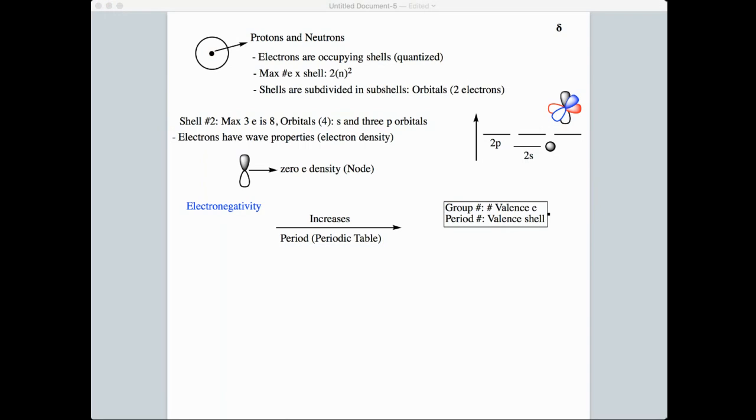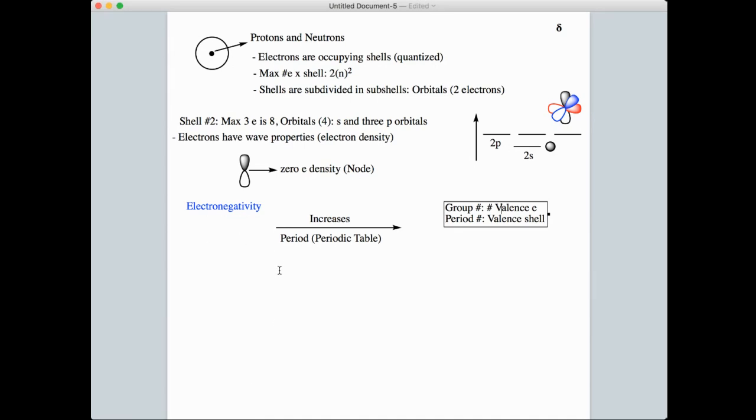So if we think about, for example, period number 2, all these elements in period number 2 have the valence shell as shell number 2, okay? So from left to right in the periodic table, the number of protons increases.